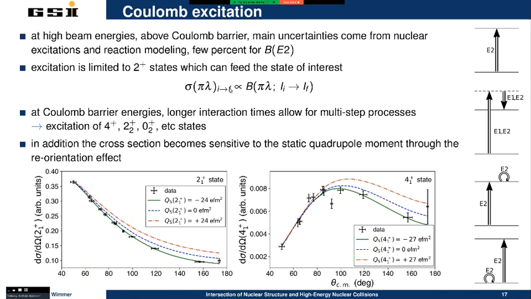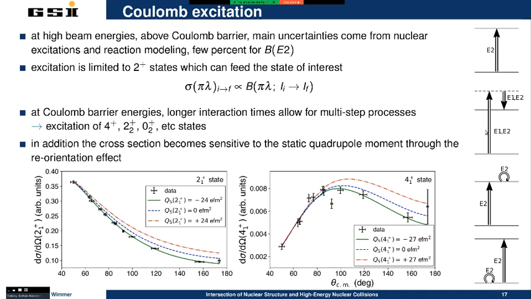But usually, or at many experimental facilities and also traditionally, you have much lower beam energies, which are at the Coulomb barrier energies, which means that the interaction time between the projectile and target is much longer, and therefore you can have multi-step processes.